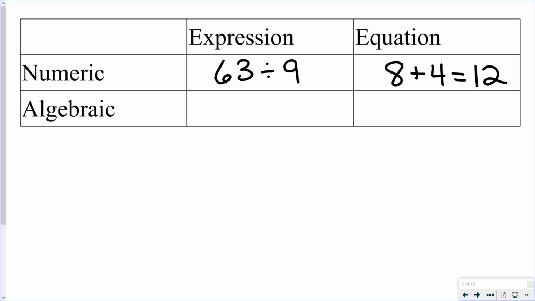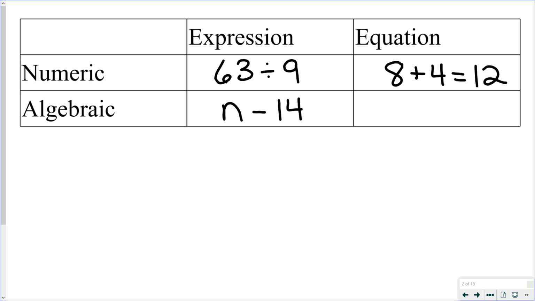So an example of an algebraic expression would be n minus 14, 12 plus c, 8 times w, k divided by 4. Those would all be examples of algebraic expressions.